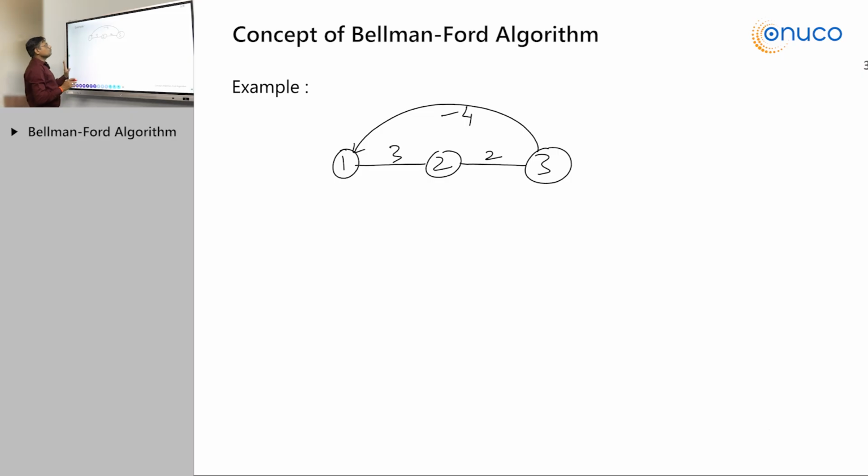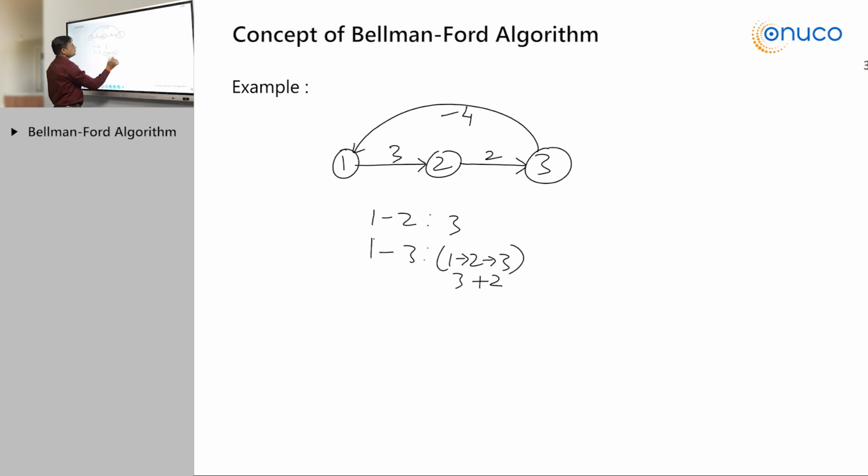In this case there is no problem, because from city 1 to 2 the minimum distance is 3. Source is 1, and city 1 to 3 is the sum of distance 1 to 2 and 2 to 3. Hence 1 to 2 is 3, 2 to 3 is 2, so total distance is 5.